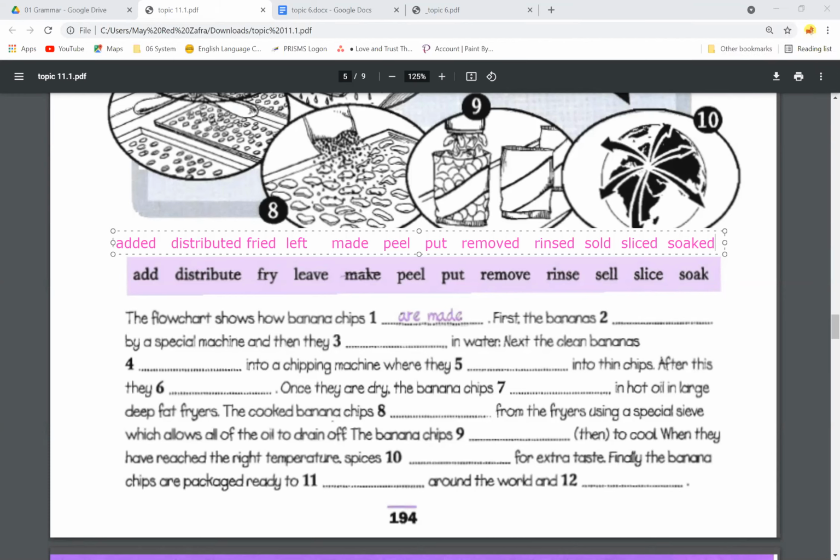When they have reached the right temperature, spices are added for extra taste. No, we're not answering it, we're just reading it. Spices dash for extra taste. Good. Muhammad, number 11 and 12.